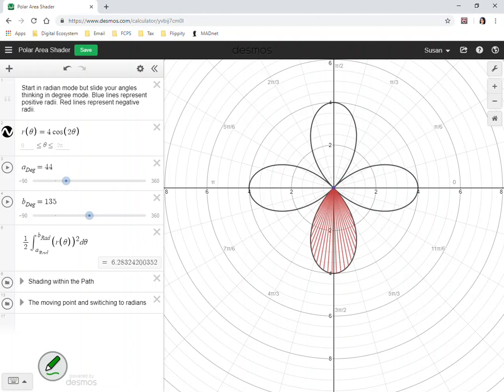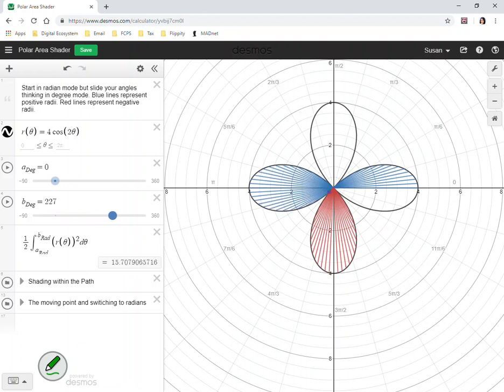Just so that you know, at 0 degrees it starts there, and this is how it calculates as it goes around. At pi over 2, your R values are negative up here, so you go down. Not a big deal, but just something you should know.